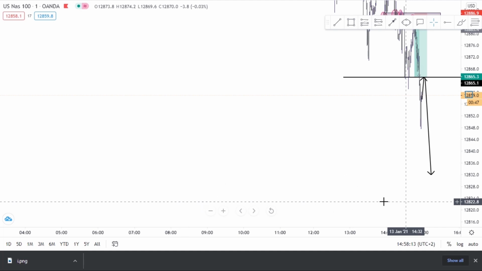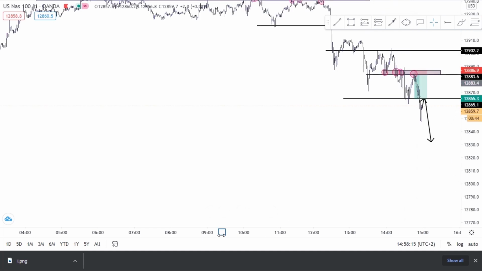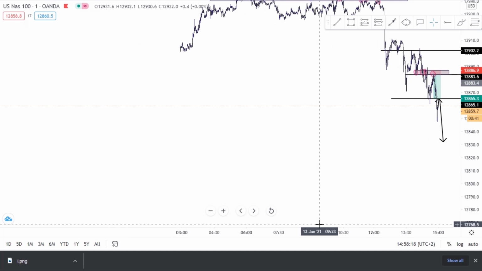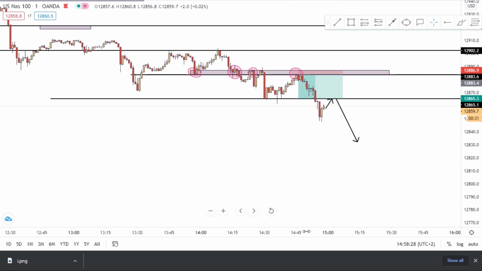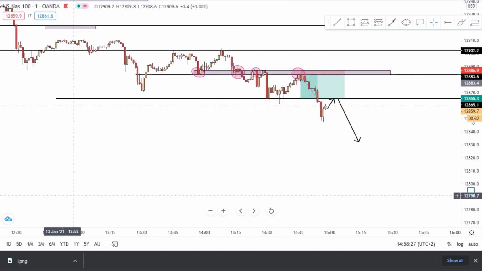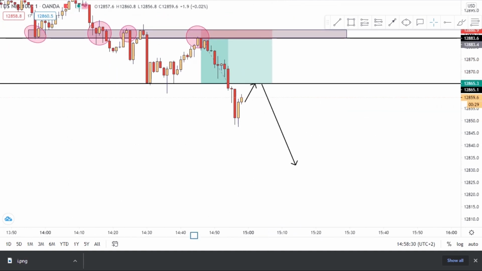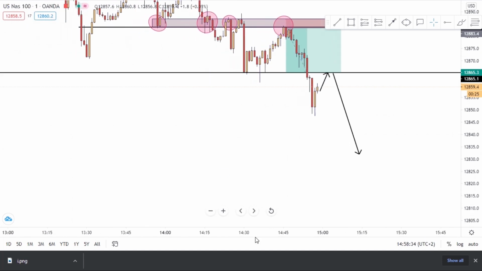Let me do this. My internet is slow, so that's why, guys. But anyway, it doesn't want to zoom. I wanted to show you where we're going to put our next TP.